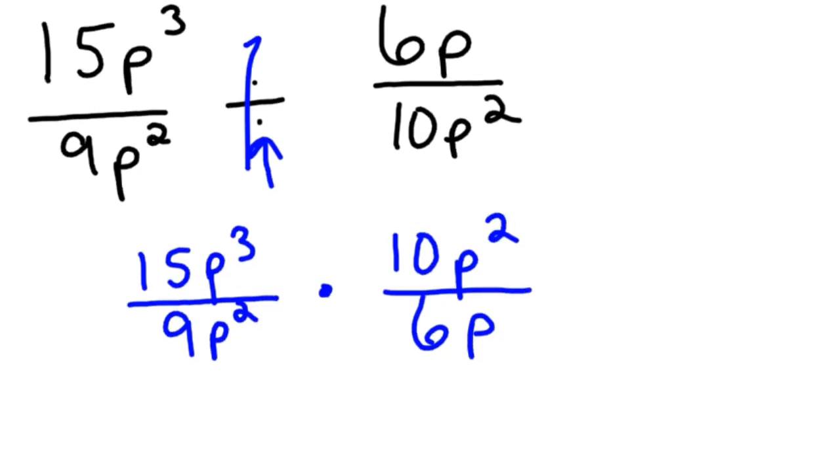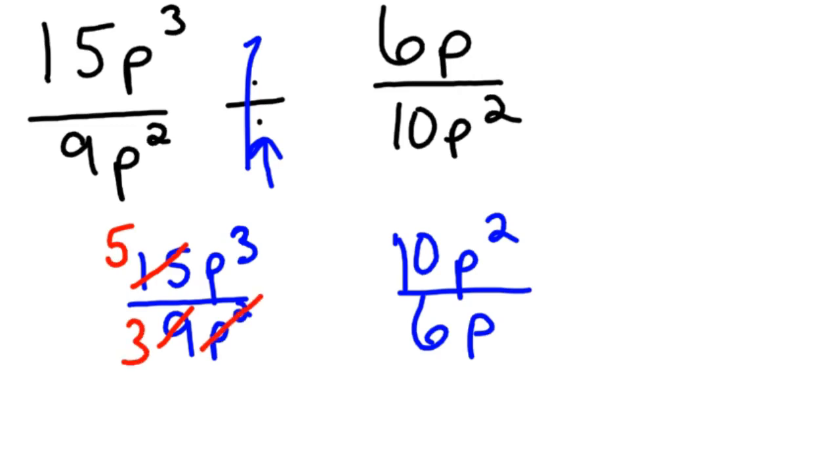Then go ahead and simplify. Anything on top can be simplified with anything on the bottom. You could multiply these straight across, but I don't want to do that. I'll simplify it instead. There's a p cubed, there's a 10. So 9 and 15, if you take a 3 out, that's 5 and 3.